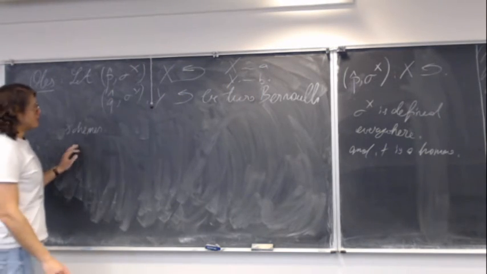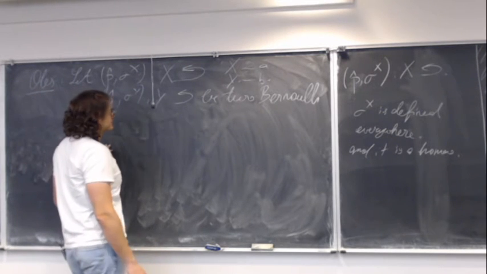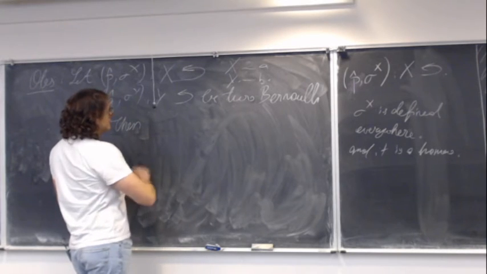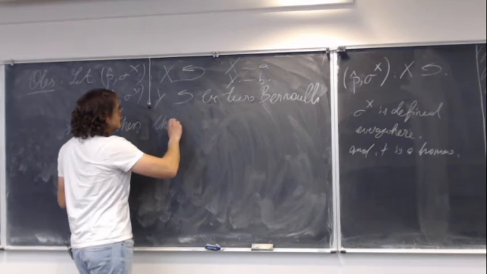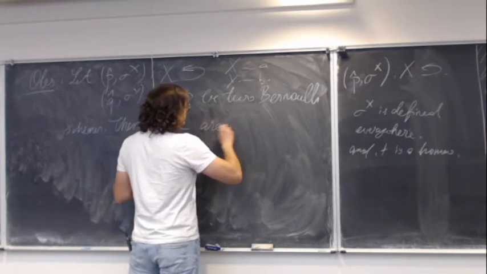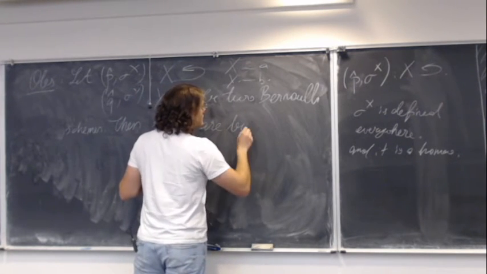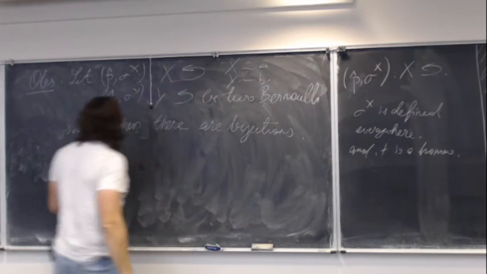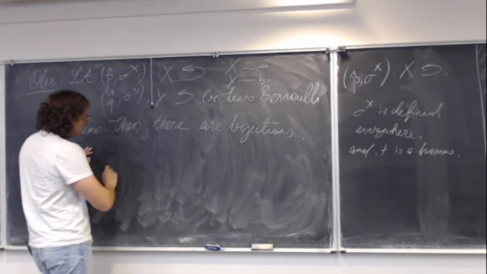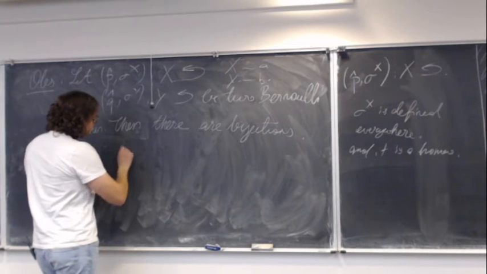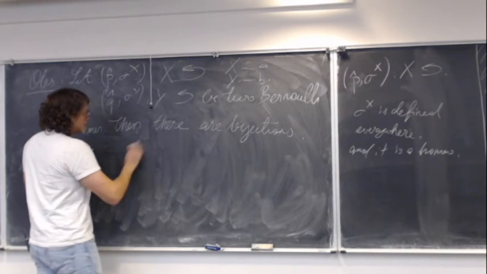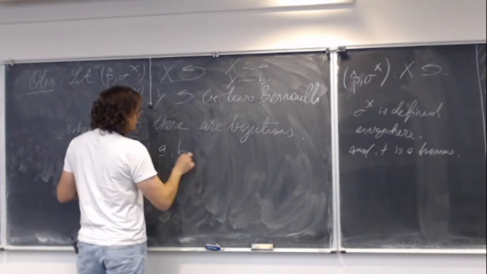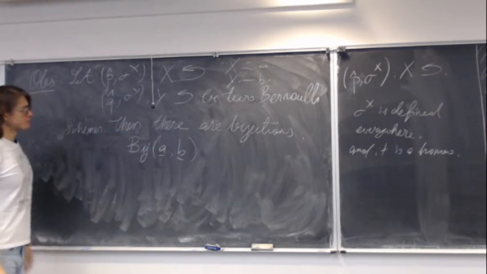Then there are the following bijections, namely, first of all, a bijection from A underscore to B underscore.